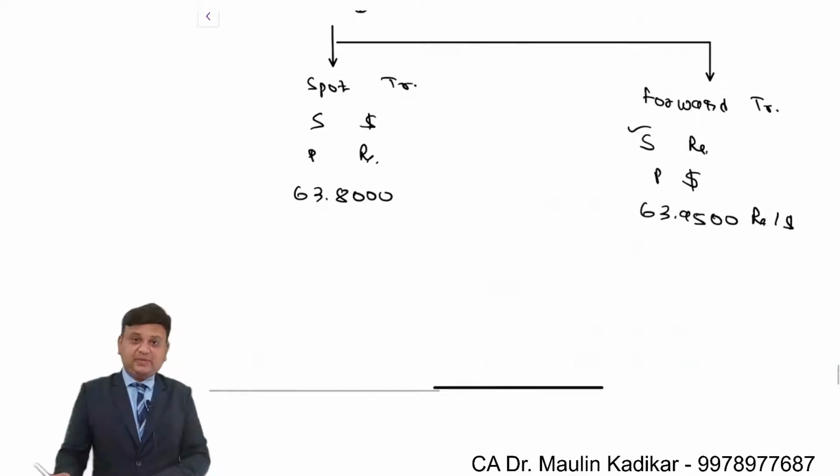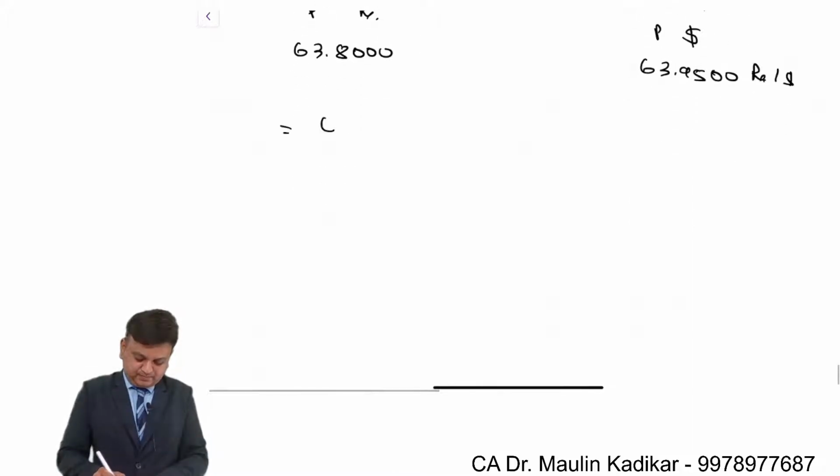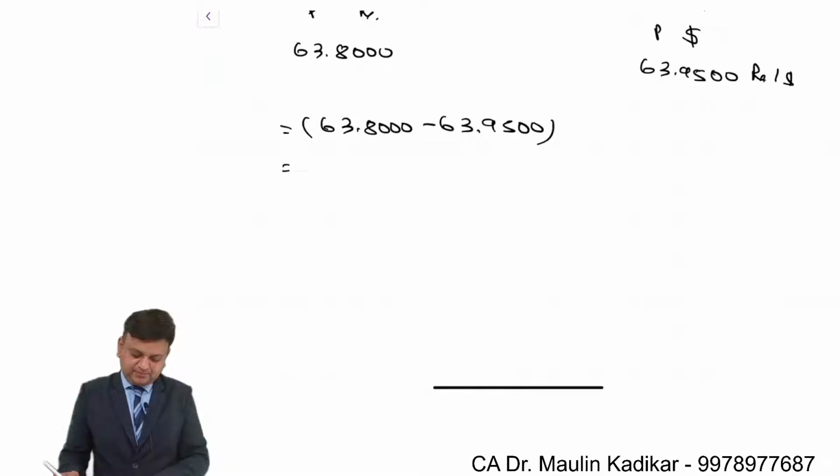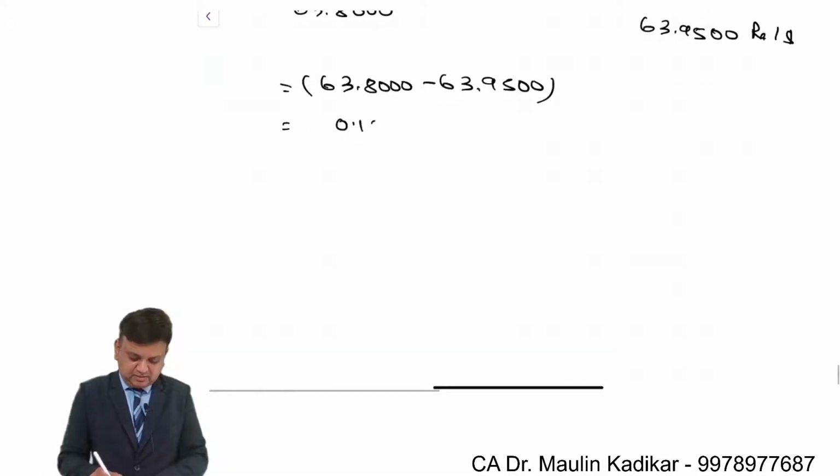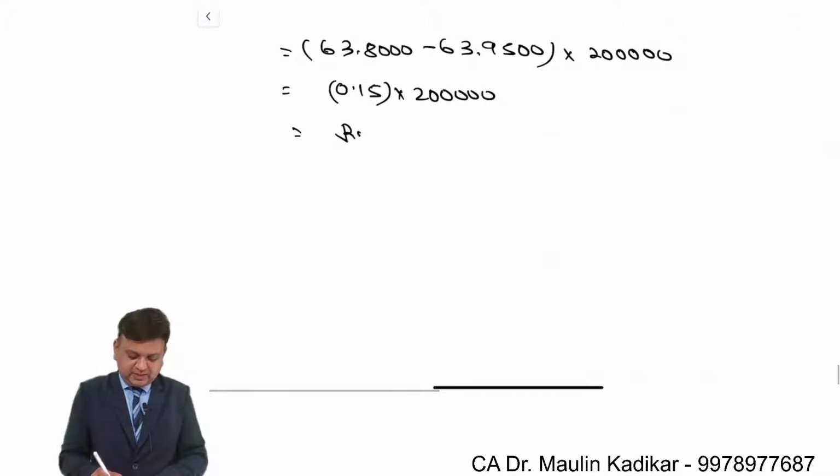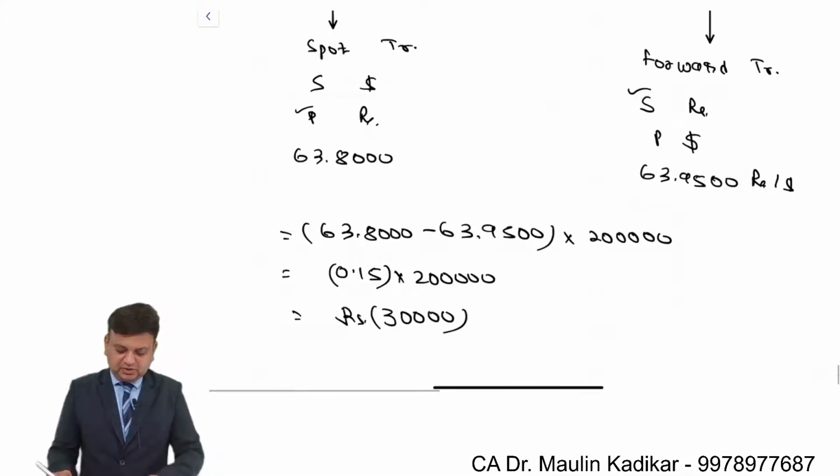Sell rupees means the payment and purchase rupees means the receipt. 63.80 minus 63.95, difference of that is loss of 15 paise into 2 lakhs. This is the way we are required to make the computation of the swap loss of 30,000 to the bank.